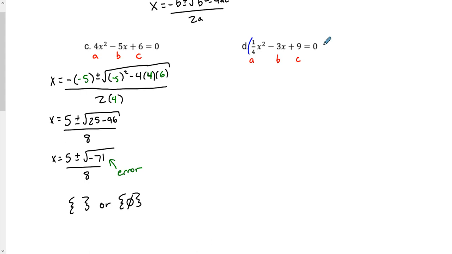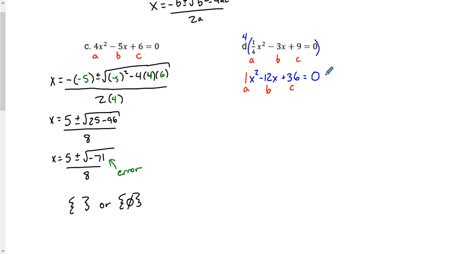Multiply everything by the common denominator. I multiply this one by 4, I'm left with 1x squared. I multiply this one by 4, I have a negative 12x. And this one is a positive 36. So now our a value, our b value, and our c value are just a little bit different. But it would still come out to be the exact same answer.